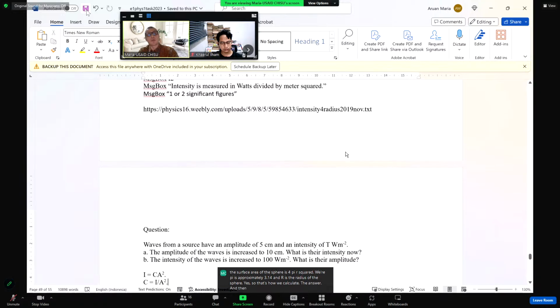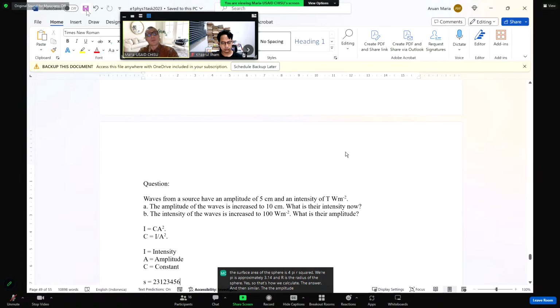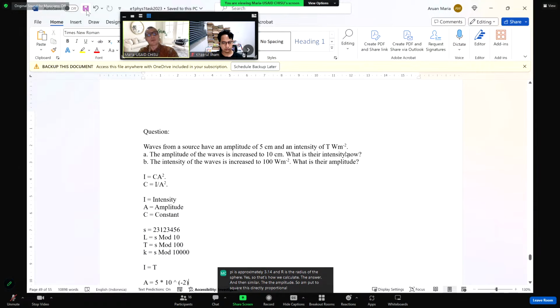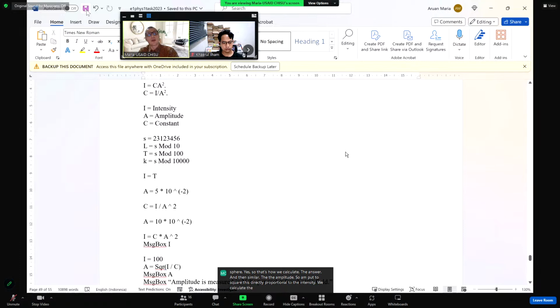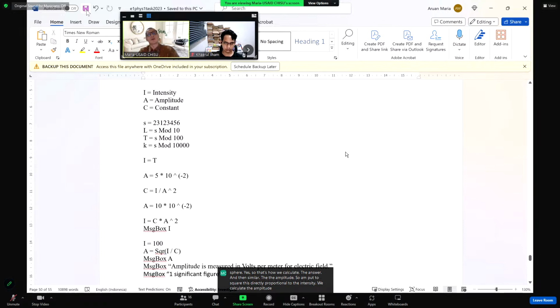And then a similar problem about the amplitude. Amplitude squared is directly proportional to the intensity. We calculate the amplitude, and the units are very hard to determine, but the simplified version is just volts per meter for the electric component of the electromagnetic wave. But to do it properly, we should multiply the electric field by the electric permeability of the space or the environment, and then the magnetic field by the magnetic permeability.